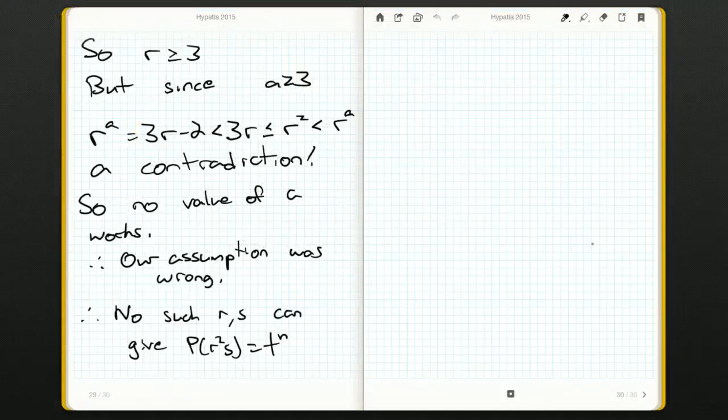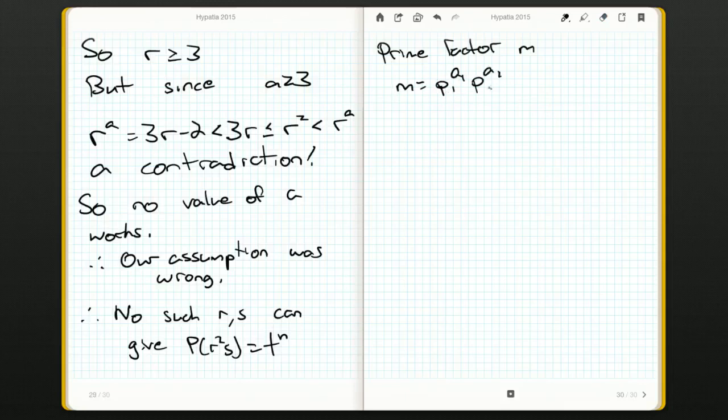Now we don't know what m is. We have no idea what's going on with m. But we do know that we could prime factorize m. So let's say m is p1 to the a1. Actually, our exponents have been A's, let's keep these A's in here. p2 to the power of a2, all the way to pk to the ak.